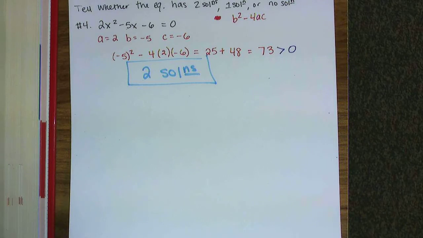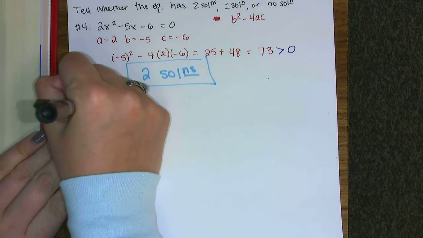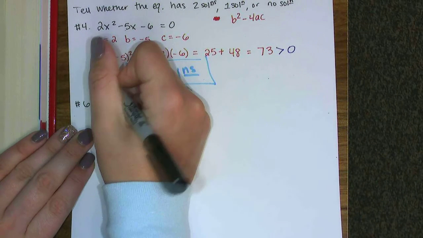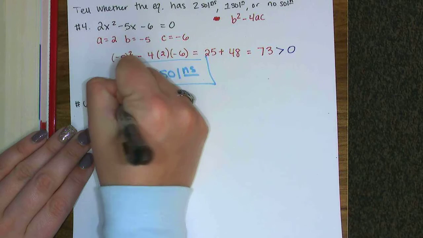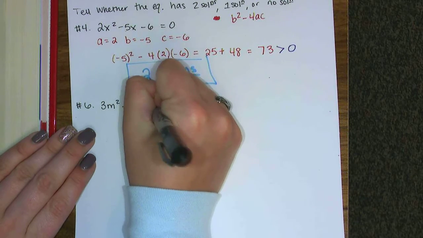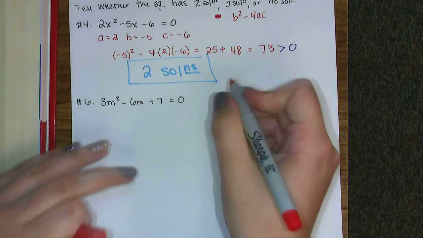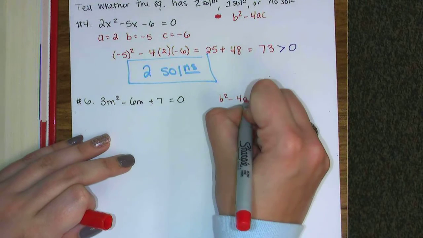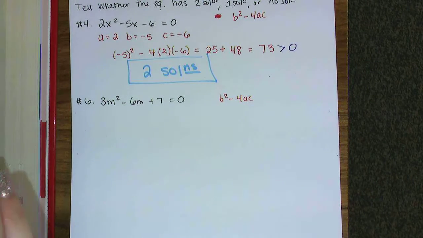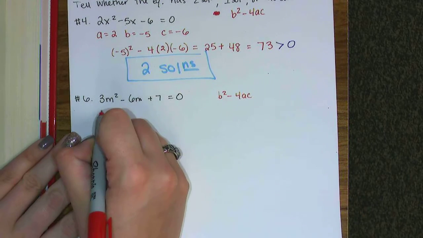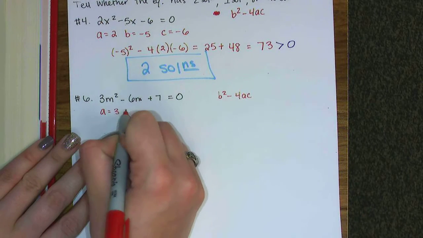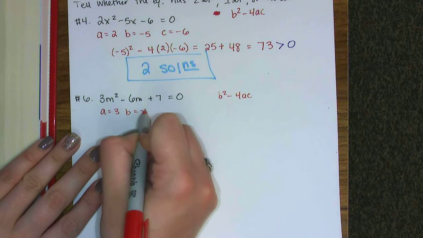Same instructions. Let's look at number 6. 3m squared minus 6m plus 7 is equal to 0. So again, we're doing b squared minus 4ac. Just out of habit, I'm going to keep writing it so you guys can see it over and over again. A is 3, b is negative 6, and c is 7.